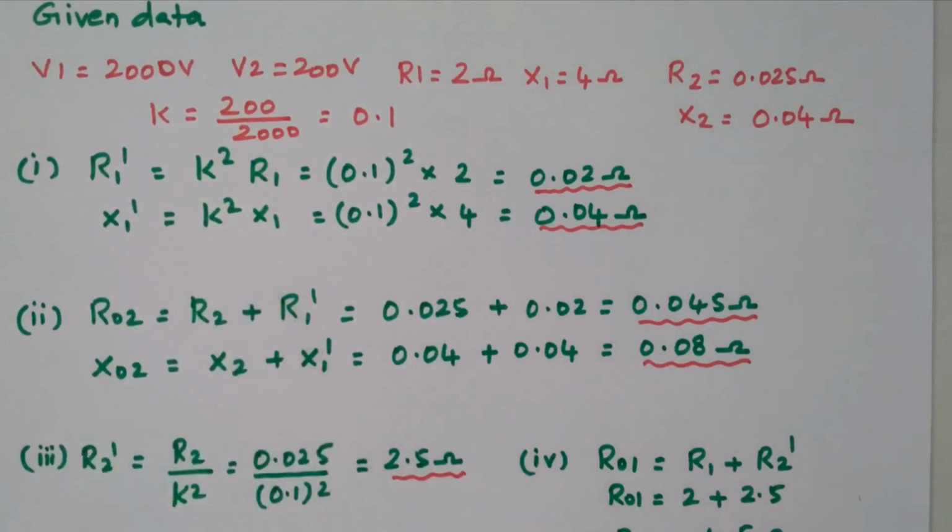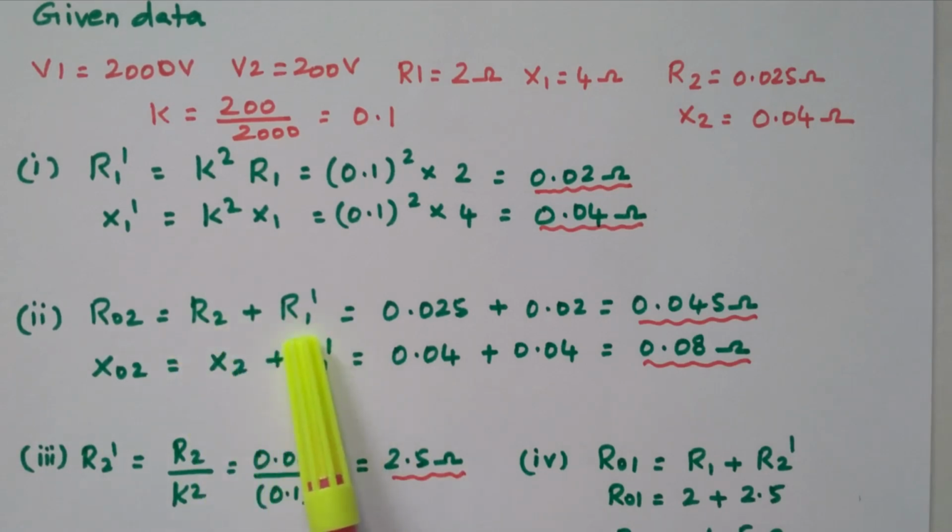Then we will go to the second division, R02 and X02. This is nothing but the equivalent resistance and reactance referring to the secondary side. It means the primary resistance and reactance are transferred to the secondary side, so that R02 equal to R2 plus R1 dash. R2 is the resistance of secondary.